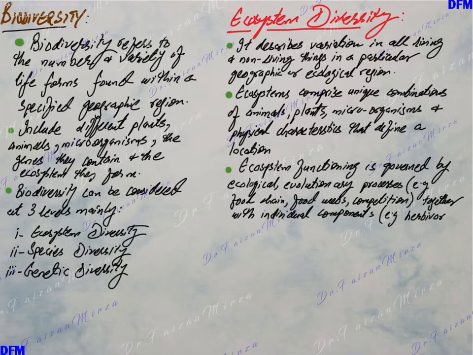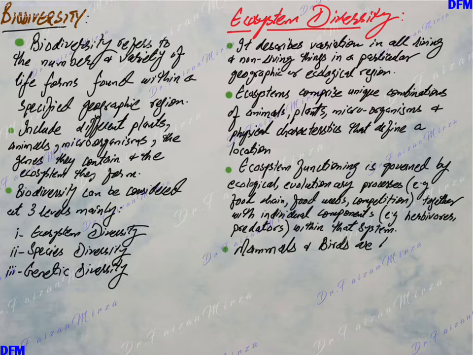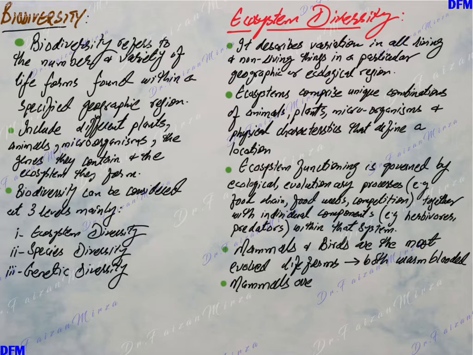And together with all the individual components, for example, the herbivores and the predators, all of them are there in an ecosystem. We know that the mammals and birds are the most evolved life forms currently, and both of them are warm-blooded. So currently the environment is favoring the warm-blooded organisms more than the cold-blooded.